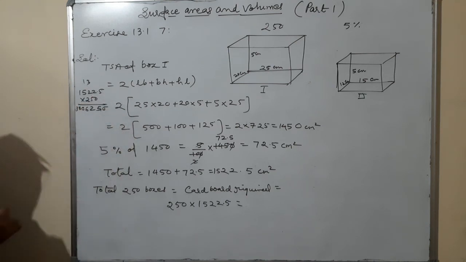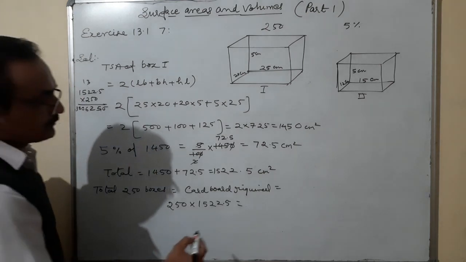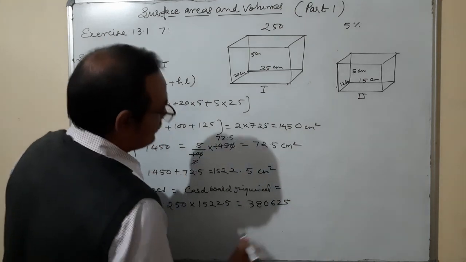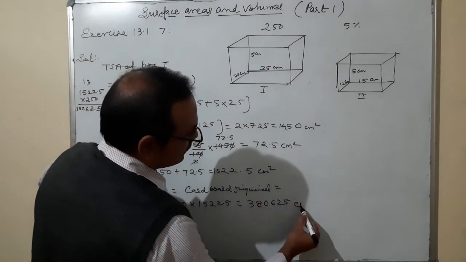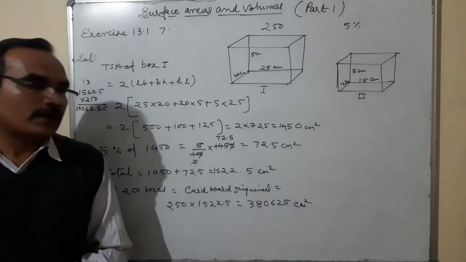So this is 380625. 380625 centimeter square. Okay. This is the cardboard required.